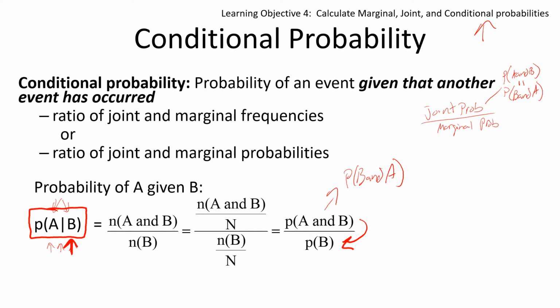That's why the order matters, because if you change the order and did the probability of B given A instead of A given B, it would change the denominator from the probability of B to the probability of A. So always put what comes after the given in the denominator. And you can do this with both frequencies and probabilities. Let's look at some examples of that.